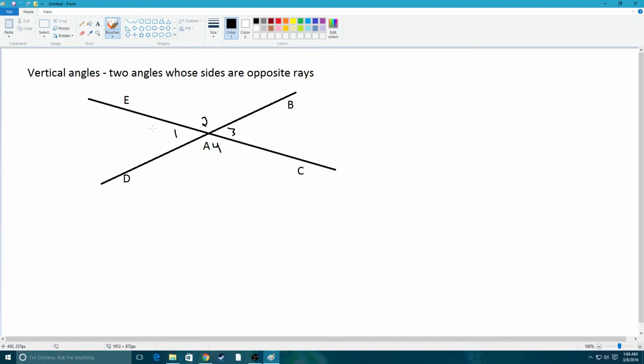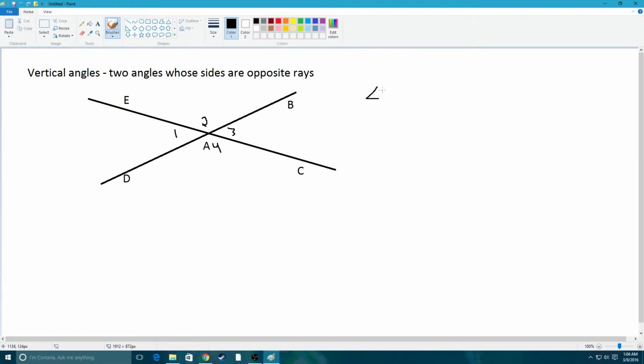Okay. Notice that line DA, if you continue line DA, it ends up becoming line AB. And line EA added on to AC, those form a continuous line.